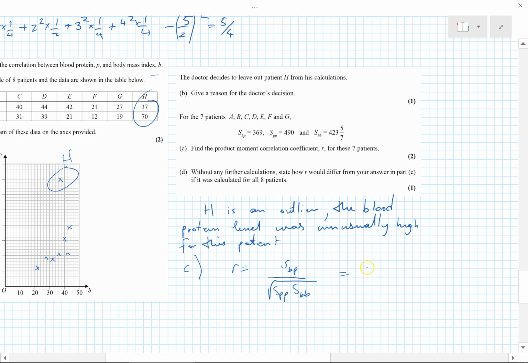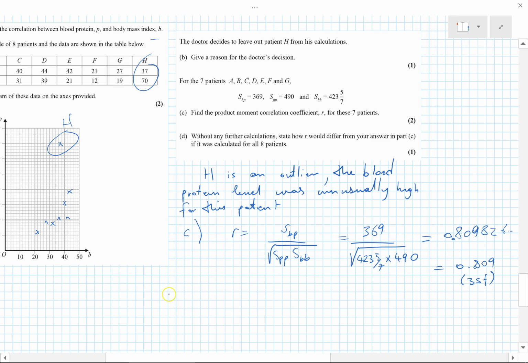So that equals 369 over the square root of 423 5/7 times 490, and that gives 0.809826, blah blah blah. Let's give 3 significant figures. Okay, so that's the answer to C. Not difficult. It's a nice easy question compared to some of the other stuff here.